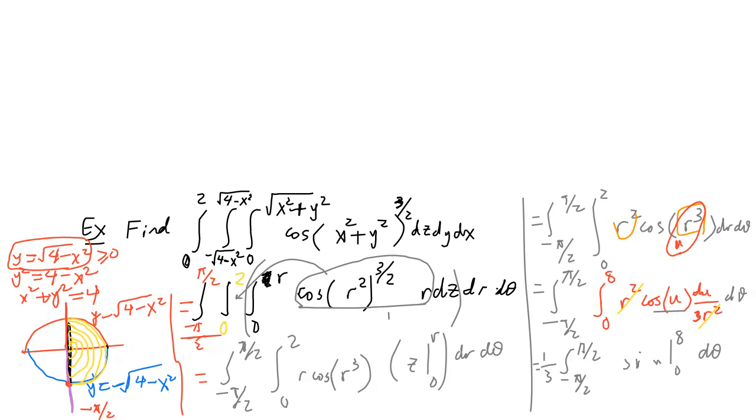Sine 0 is 0. So 1/3 sine 8. And the remaining integral is d theta. D theta is theta from minus pi over 2 to pi over 2, which is pi. This is the final answer.